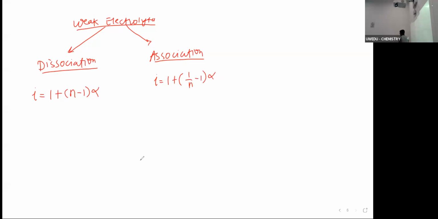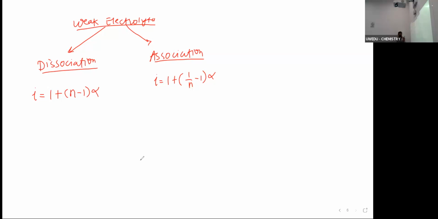So this is the relationship between I and alpha. Now this is a shortcut, okay?